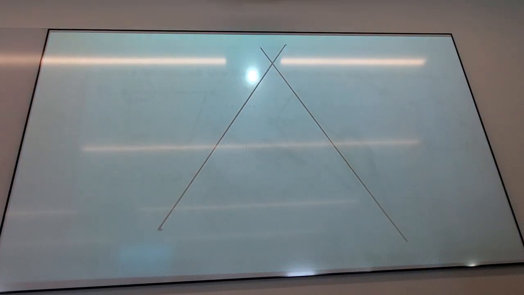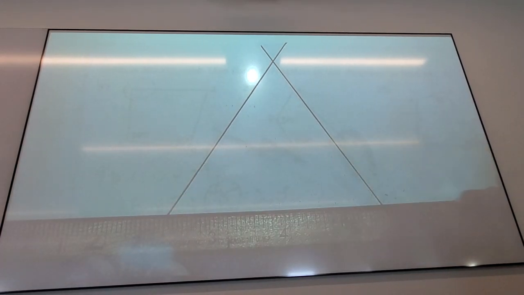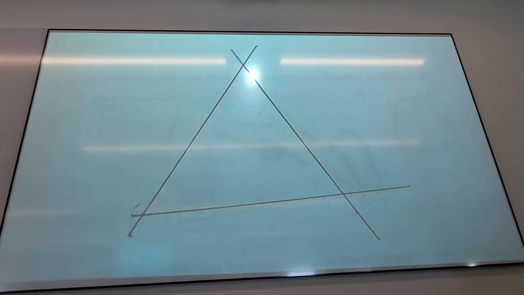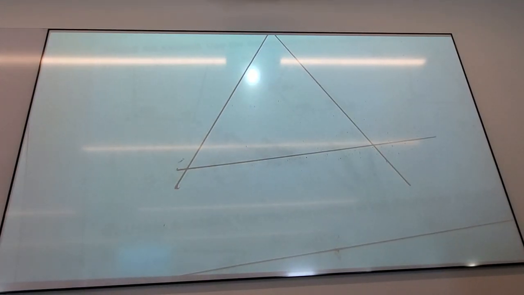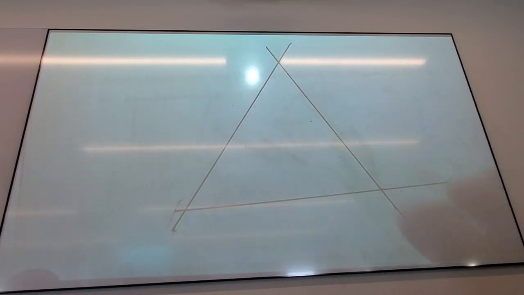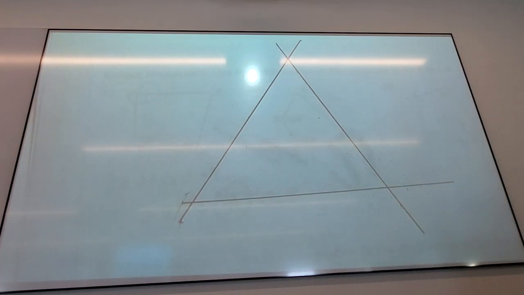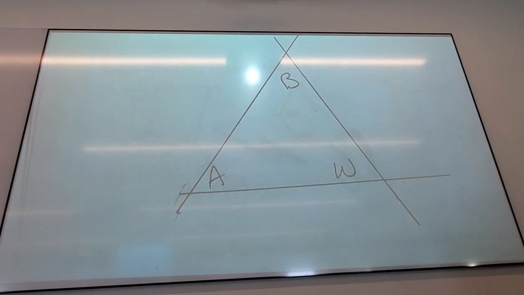I'm going to cut this triangle out, so I make sure I make a triangle, yes? And then I'm going to cut it out. So it doesn't matter that I went past it. This is not a triangle yet, officially, but then I'm going to cut it out. Is everybody with me? Label your angles any way you want. I'm going to label mine A, B, W.